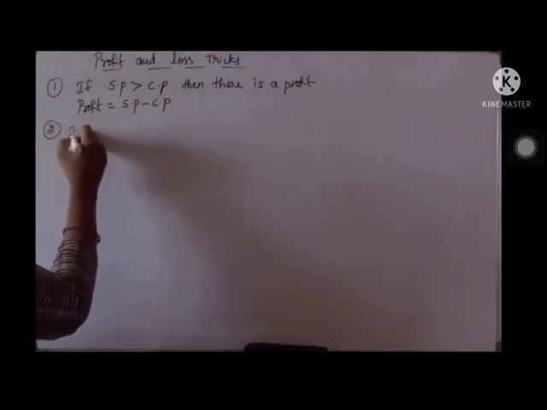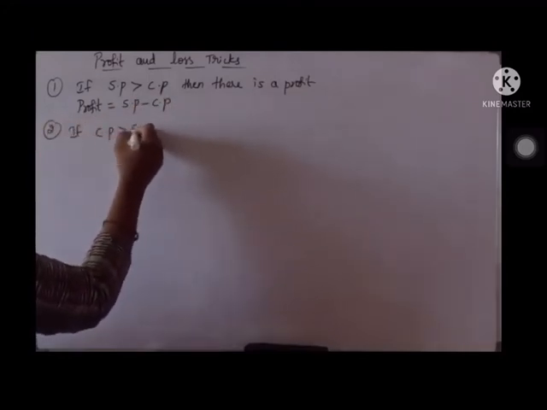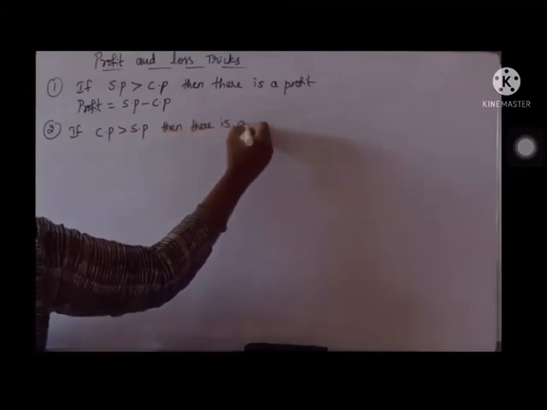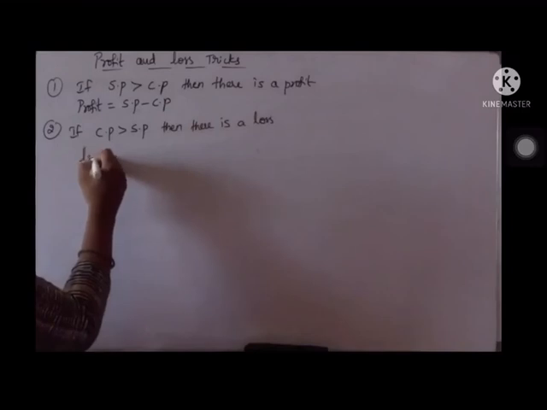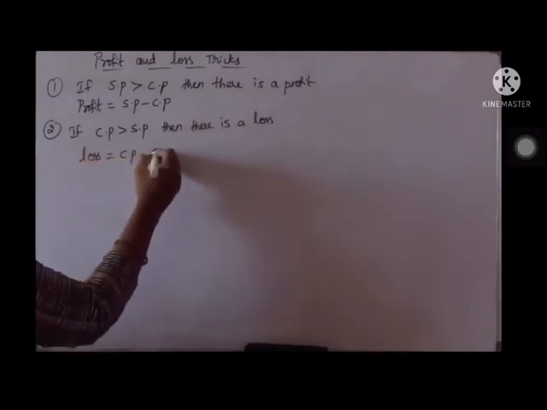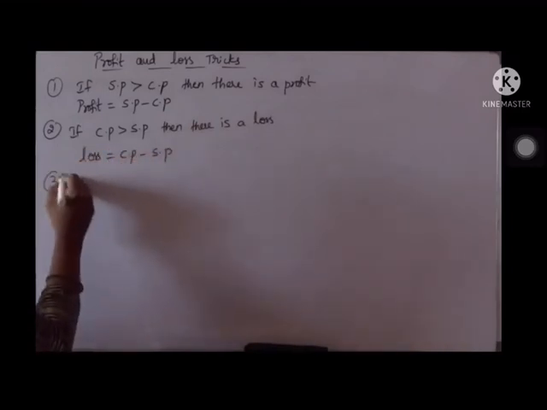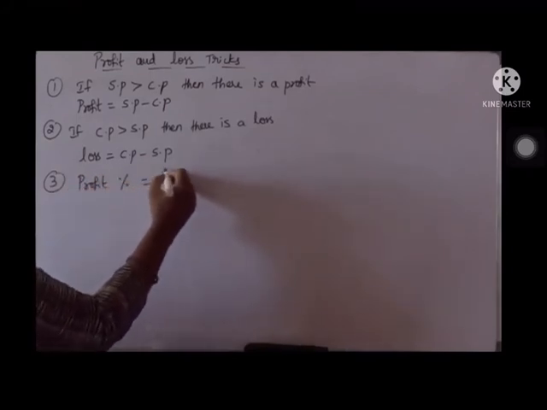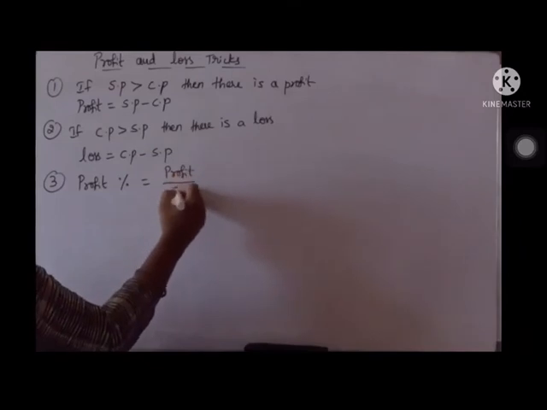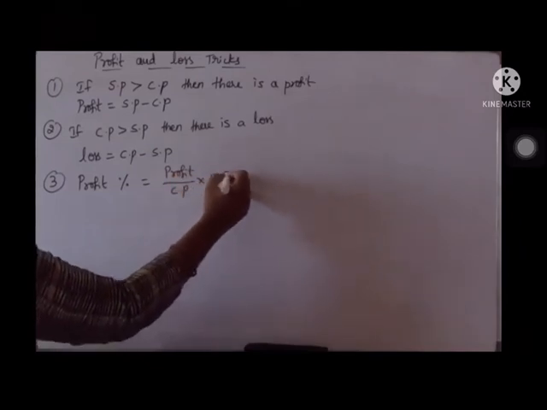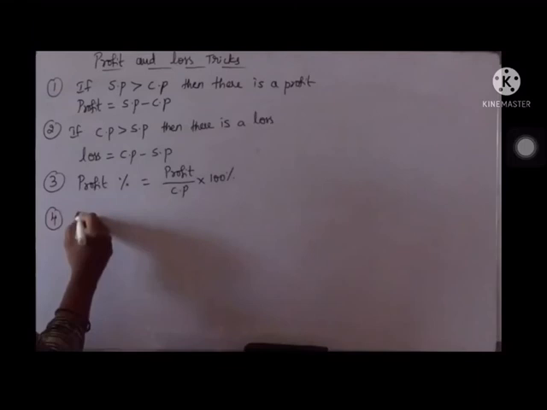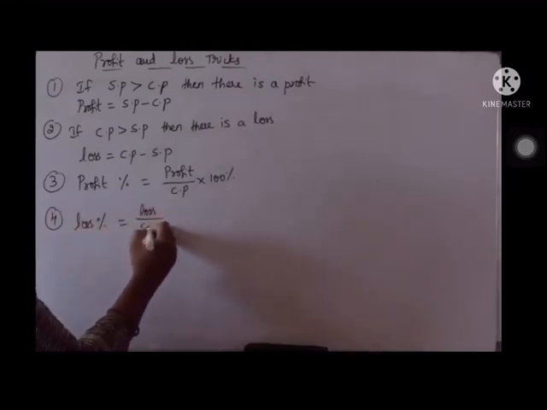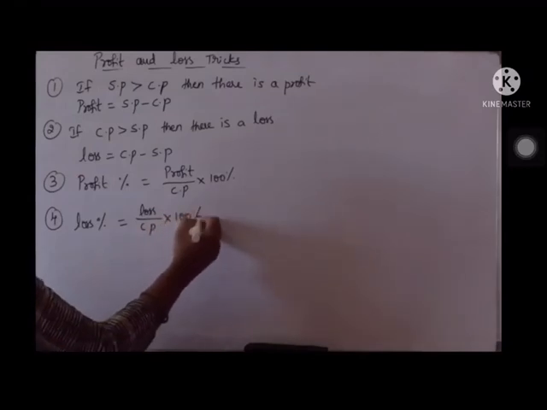Second one, if CP is greater than SP, then there is a loss. So the loss formula is CP minus SP. The third one is profit percentage, profit by CP into 100%. And the fourth one, loss percentage, that is loss by CP into 100%.